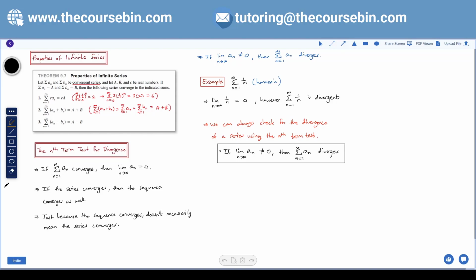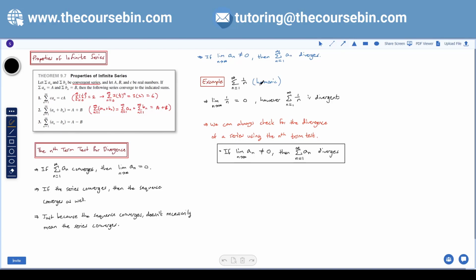If that limit goes to 0, it doesn't mean anything. It just means your test is inconclusive. But if that limit ends up as a non-zero number, then you know for certain that the series will diverge, right? So if the limit as n goes to infinity of a sub n is non-zero, then the series diverges.